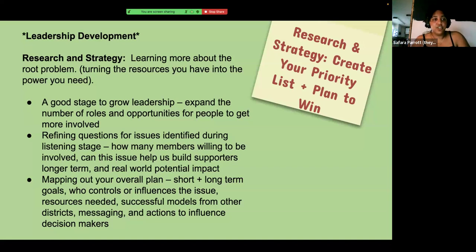All of that is done during this leadership development, where I like to think of it as you're creating the container in which this living thing that is organizing and this campaign, community stewardship, all of that lives. Yes. Sorry that I just kind of spoke a lot all at once. But that's how I like to think of leadership development.